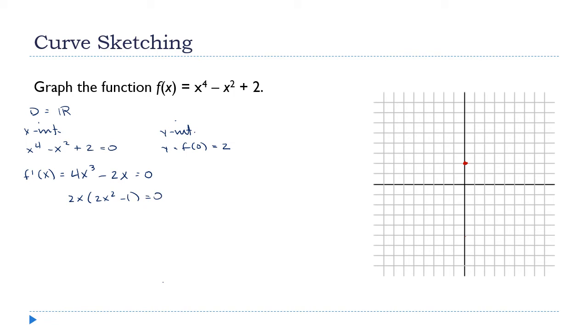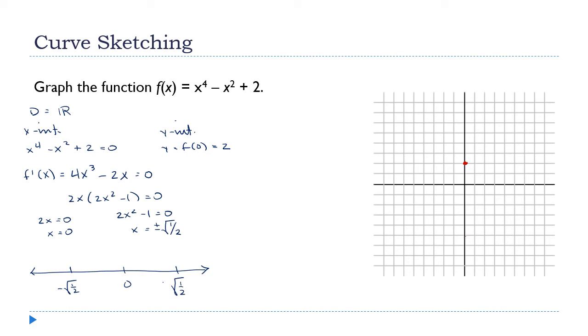So I get 3 points to look at. First, if I set 2x equal to 0, I get 0. And if I set 2x squared minus 1 equal to 0, I get plus or minus the square root of 1/2. All right, so let's do some tests. I've got to put negative square root of 1/2, 0, and positive square root of 1/2.